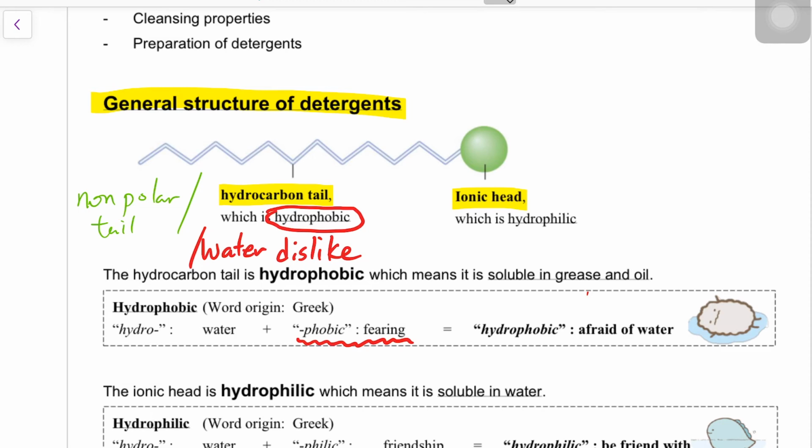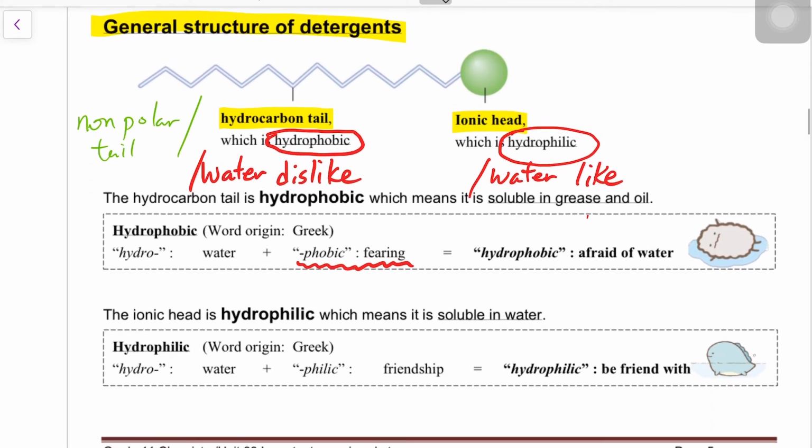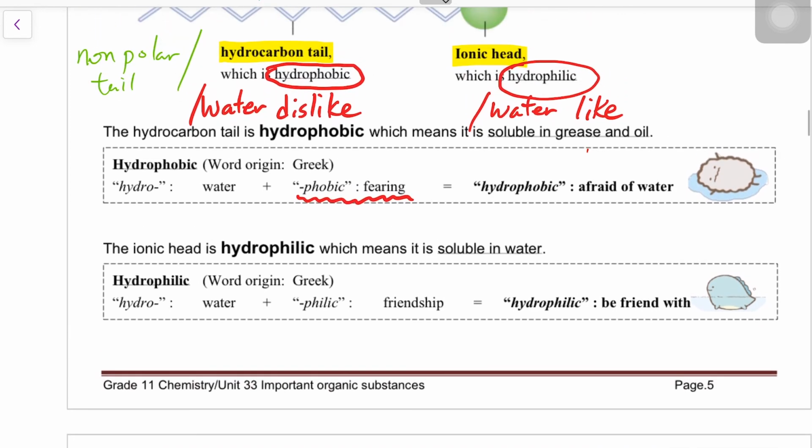This is what we call hydrophilic. Hydrophilic means water like. They try to dissolve in water. And here we give you the origin of how these two words, hydrophobic and hydrophilic, come from.